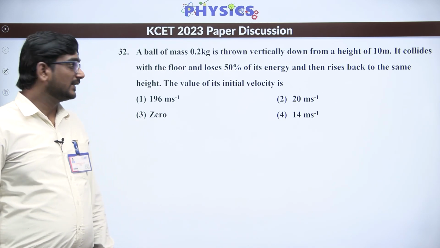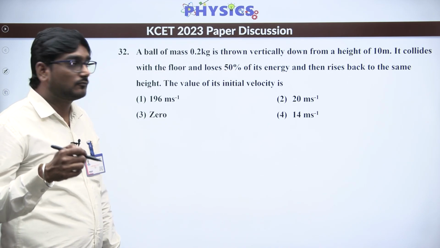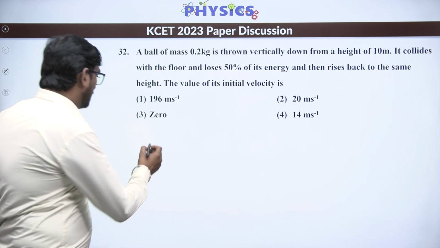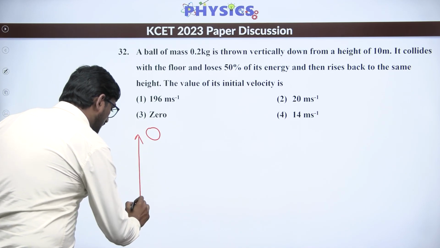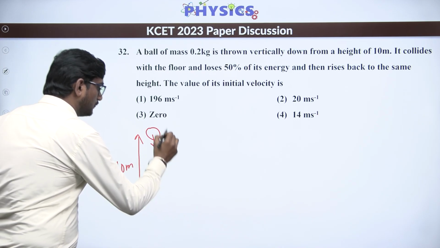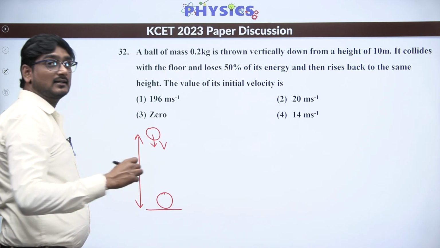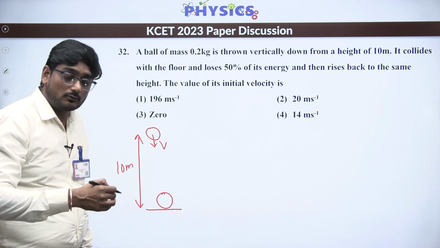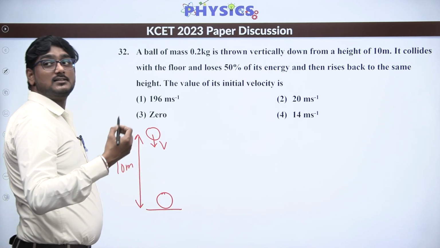Question number 32. In this case, a ball of 0.2 kg is thrown vertically down from a height of 10 meter. Let us say the initial speed is V. Now it will hit the ground. The total energy when it is hitting the ground will be the loss of potential energy plus the initial kinetic energy.